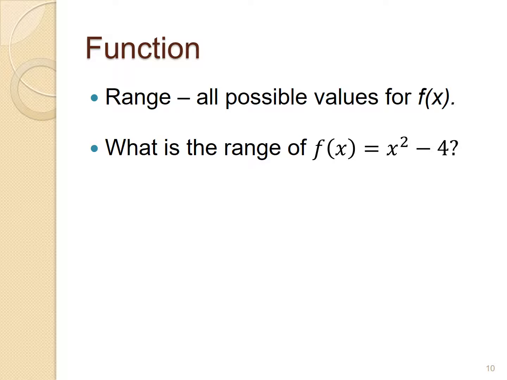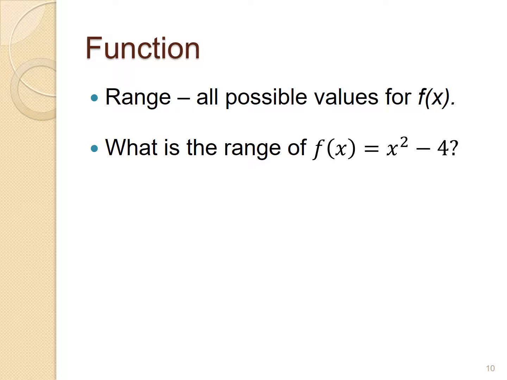Well, when x is above 2, we're going to get a value of 0 at 2, and when it's above 2, it's going to continue to be positive. And we know, so it's going to be all of the positive numbers. When we put in 0, it goes down to negative 4. So we know it's going to include negative 4 up through all of the positive numbers.